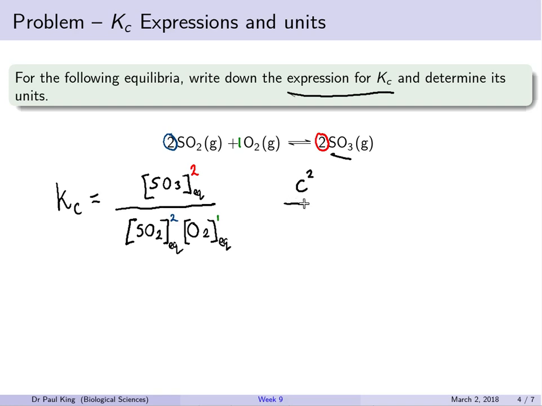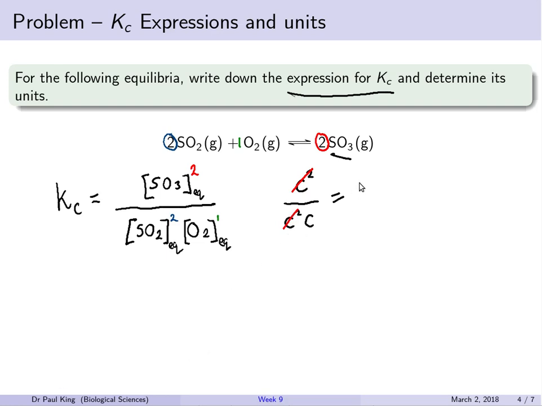On the bottom of this fraction we have a concentration squared, and we also have another concentration term. And if we look at that simplified expression, which tells us the dimensions of what we've got, what do we notice? Well, we notice that actually we've got a concentration squared on the top and a concentration squared on the bottom. So those two can cancel out.